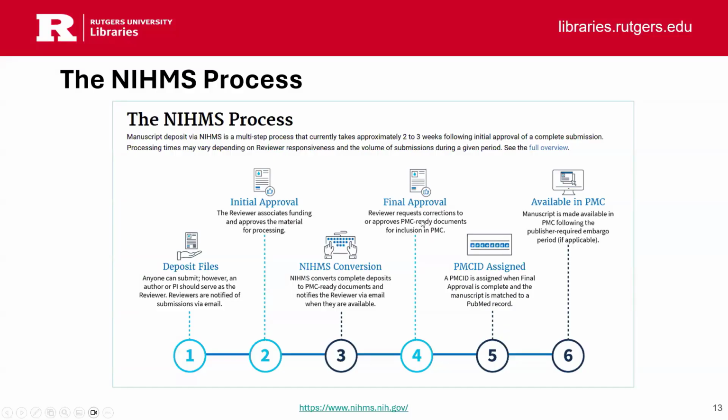At this point, the submitter, the PI or PD usually, will approve again to make sure the formatted version is correct. And then the PMCID is assigned, and that is the proof, the evidence of compliance, the PMCID. I will talk about the PMCID later.